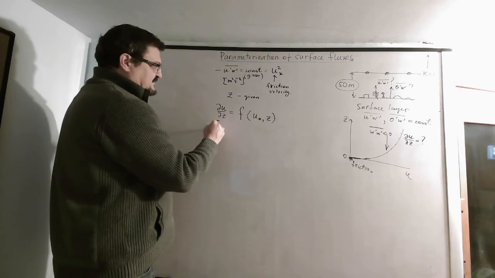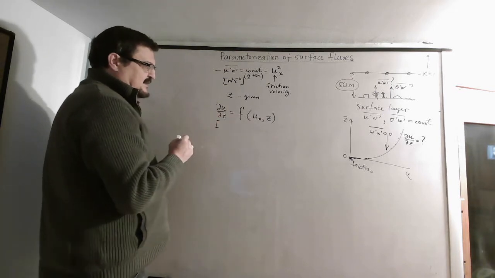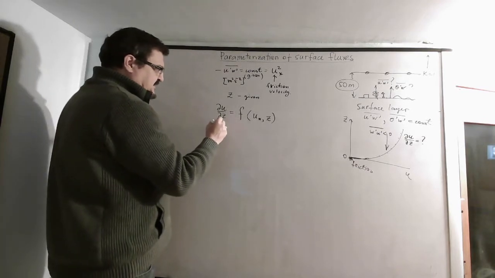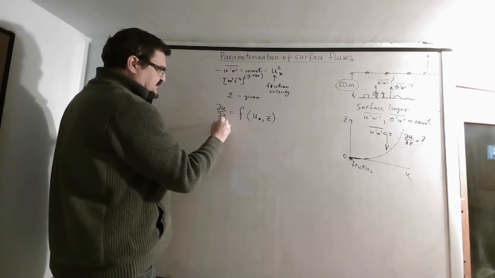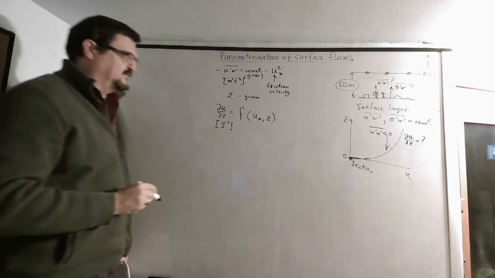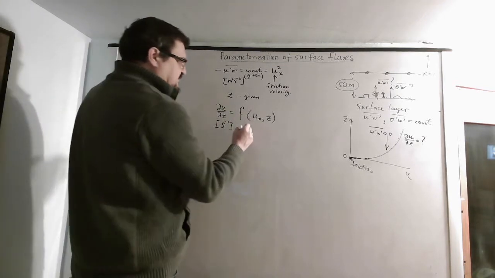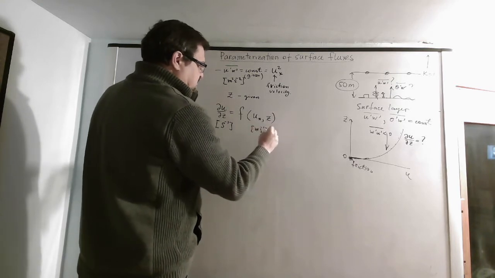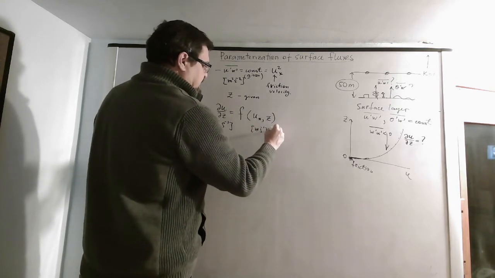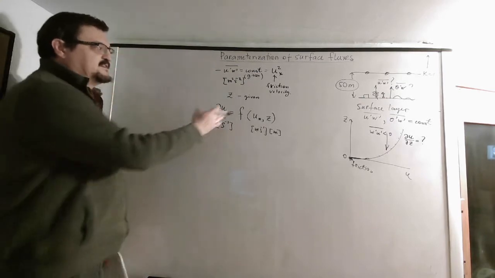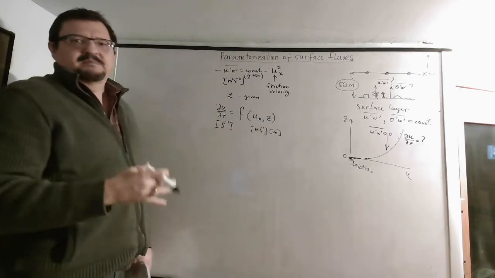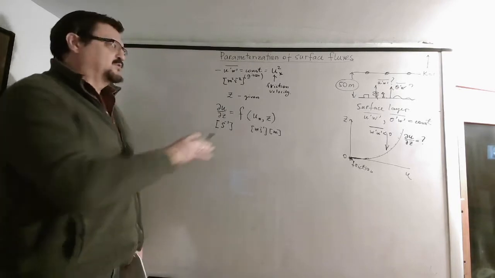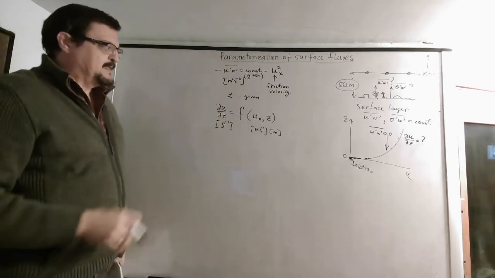It has dimensions of velocity over a length, so meters per second over meters, so the dimensions are inverse seconds. The dimensions of u star are meters per second, and the dimensions of z are meters. So let's say that there is this function, maybe cosine of u star times z to some power. We don't know this function, but it's some function.